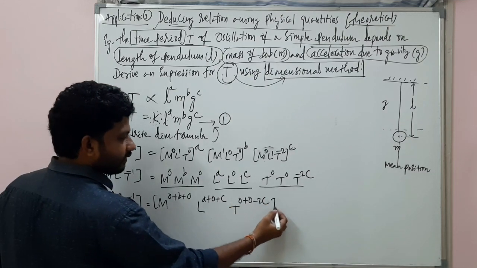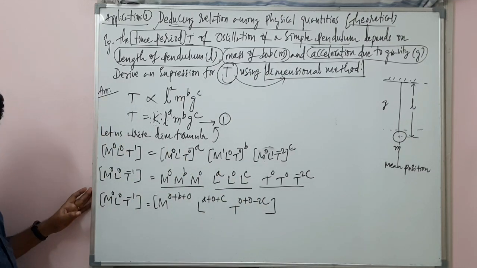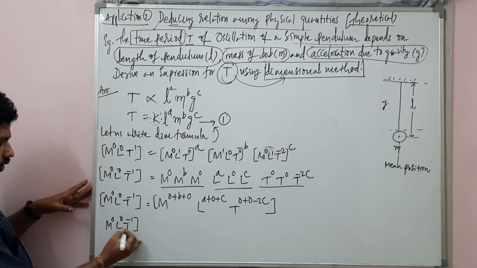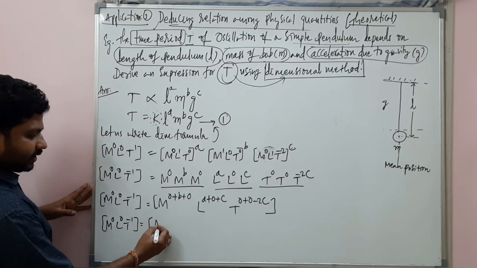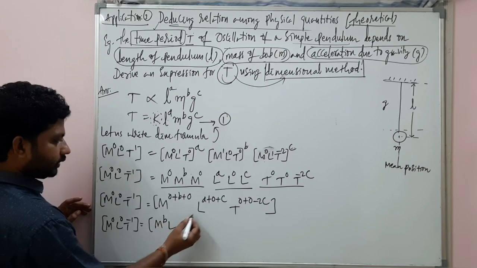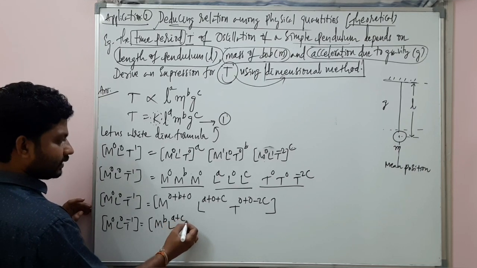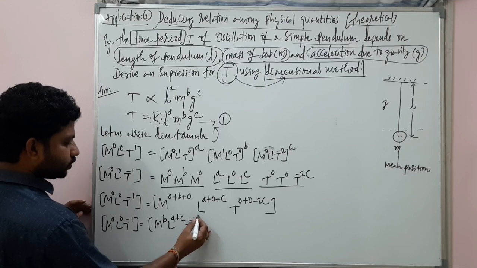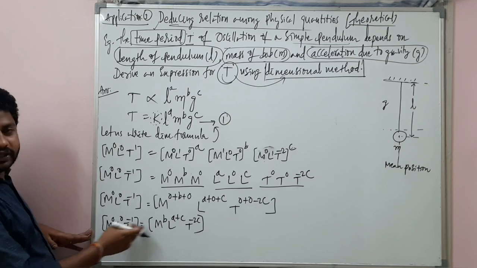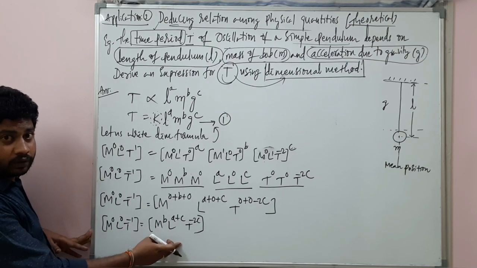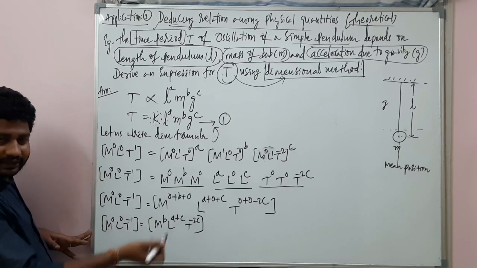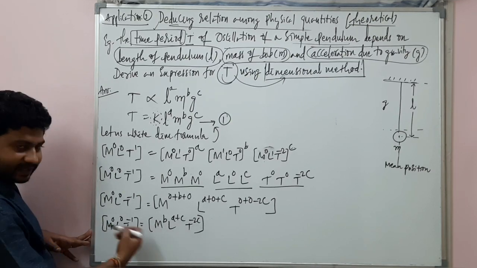Now M0 L0 T minus 1 can be written as M to the power 0 plus B plus 0, that is B, L to the power A plus C, and T to the power minus 2C. This is the left hand side and right hand side. On the left hand side there are M, L, T and their powers, and on the right hand side also M, L, T with their powers.